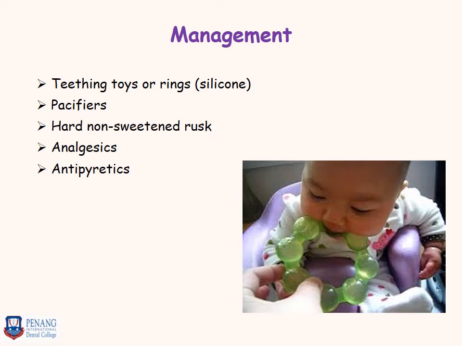A hard non-sweetened rusk can be given to the child. Analgesics in the form of topical or systemic can be given. Topical, like a local anesthetic, can be applied on the tooth surface or the gums to relieve the pain, and the fever can be managed by antipyretics. If the child is having severe symptoms, then the child needs to be referred to the pediatrician or the pediatric dentist.